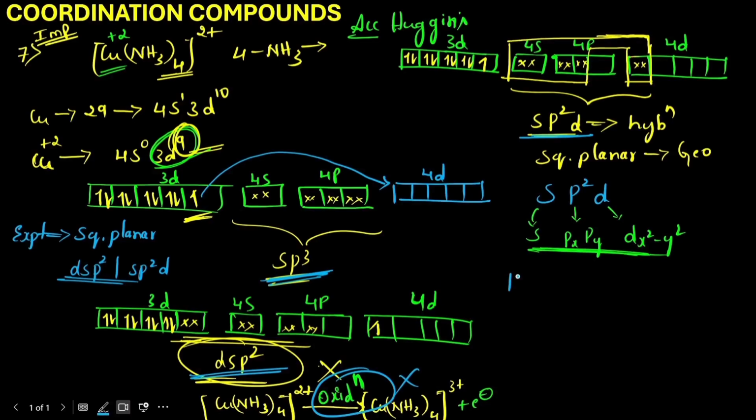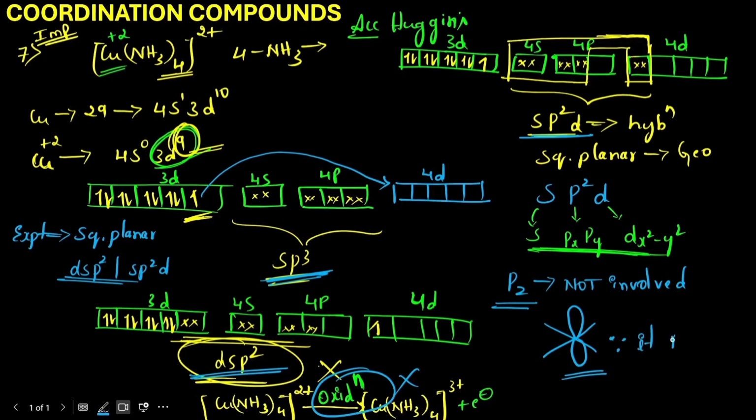Here the pz orbital is not involved in the hybridization, not participated, right? That is because this pz orbital is perpendicular in nature, so it is not involved in the bond formation.